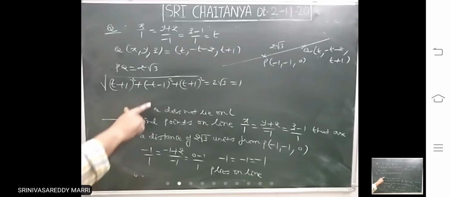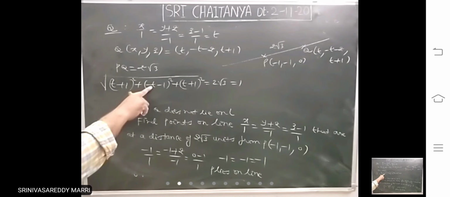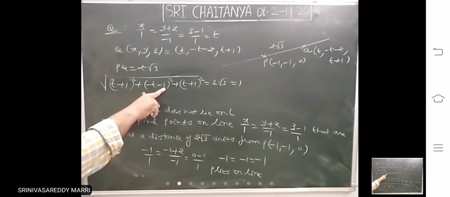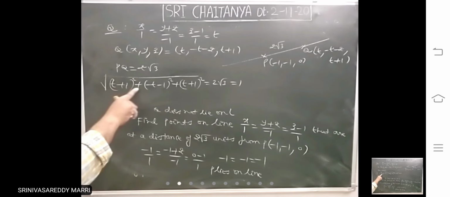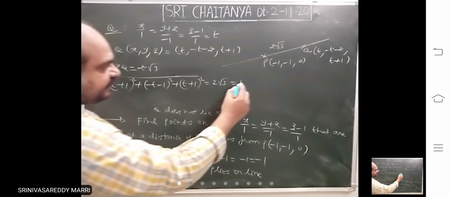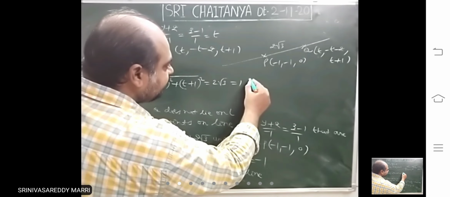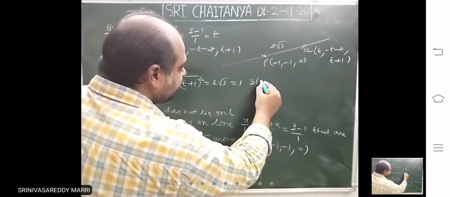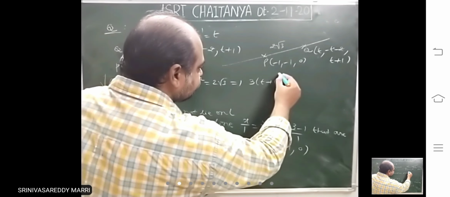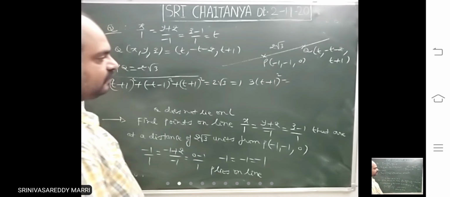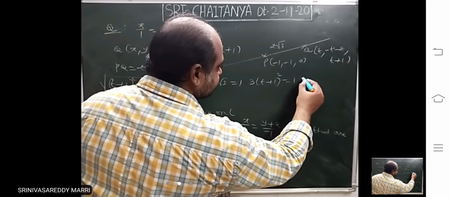Now look, if you take minus common, this will also become T plus 1 whole square. So T plus 1 whole square, three times. Squaring both sides, we get 3 into T plus 1 whole square equal to 12.